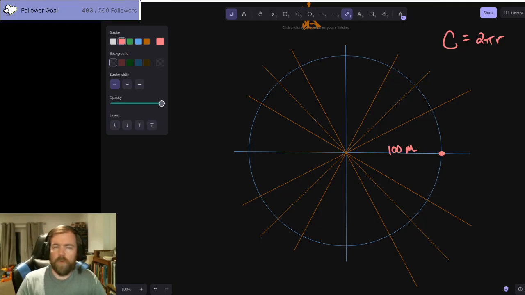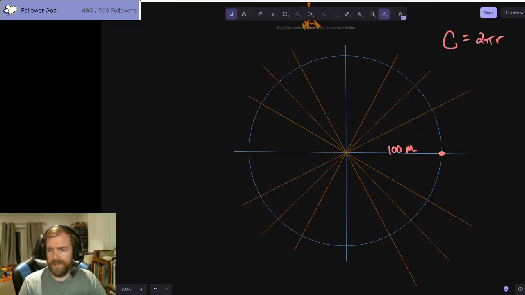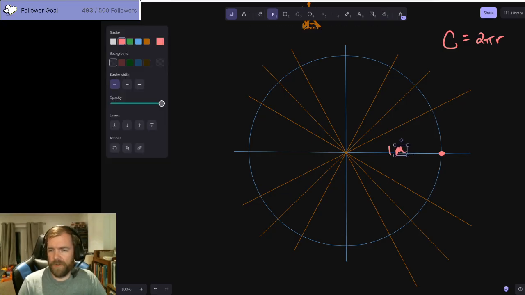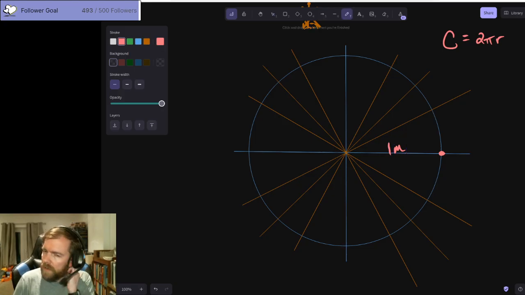Okay, so what would happen if we split this into smaller bits? If we only go halfway around, actually, you know what? Let's not. Normally, I'd go through it with 100 meters and we'd discuss what happens if you divide by a factor of 100 everywhere. These are all linear distances, so if you divide by 100, all the linear distances get shrunk by exactly a factor of 100.